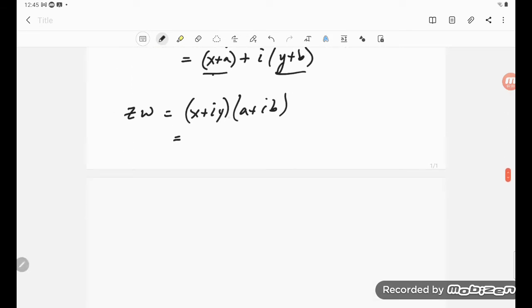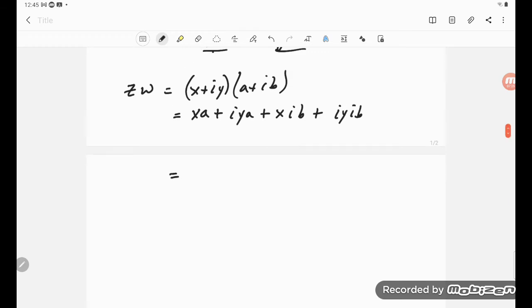So I would get xa plus iya plus xib plus iyib.